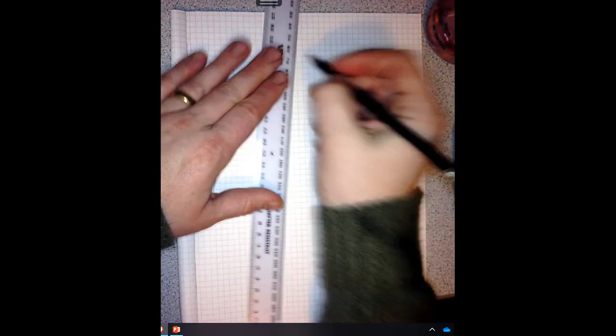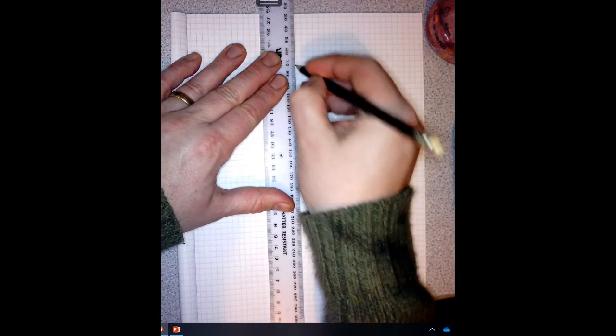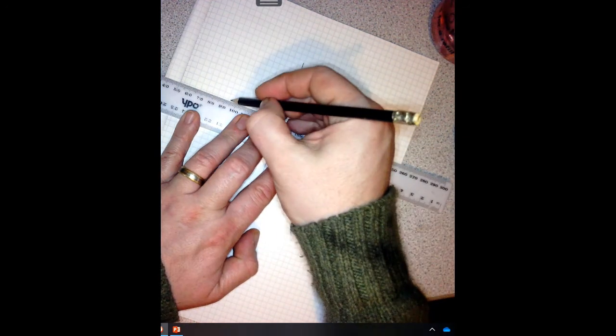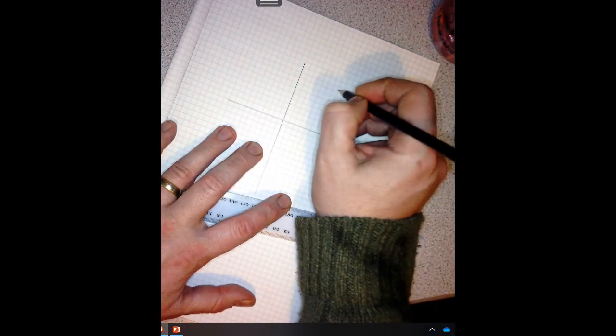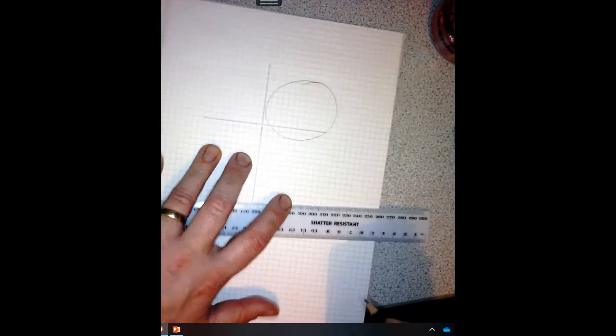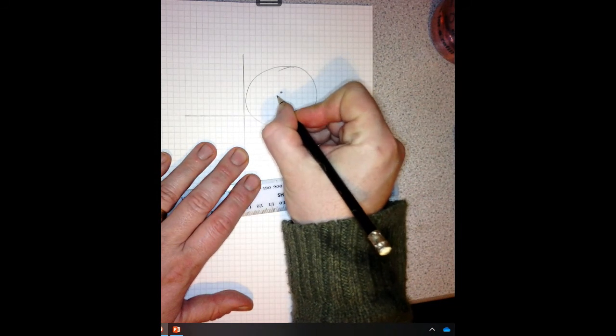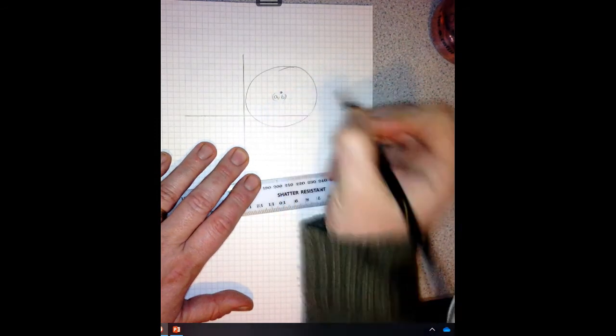Circle then. There it is, a beautiful circle, and it's centred at A, B. I'm still going to take the arbitrary point or the general point X, Y. I'm still going to call the radius R.